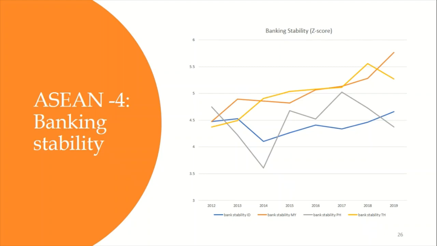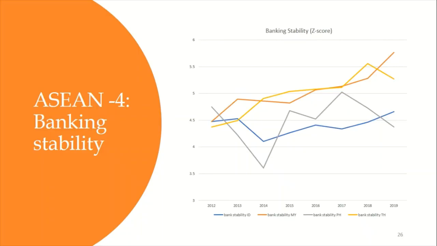So let's look at banking stability among the countries over the period of 2012 to 2019. It is quite good for the Malaysian banking sector, with an improved upward trend, shown in red.